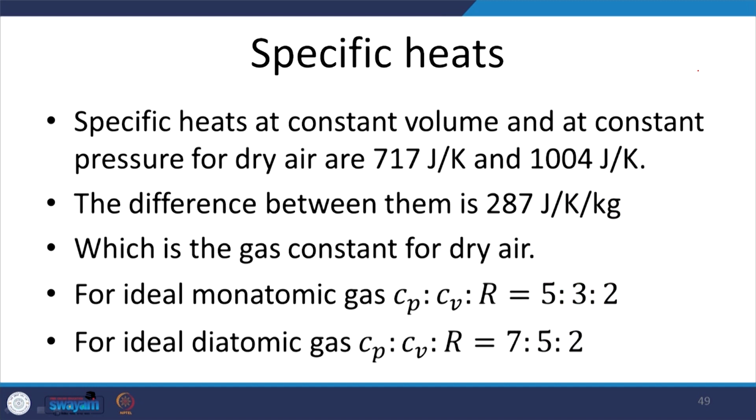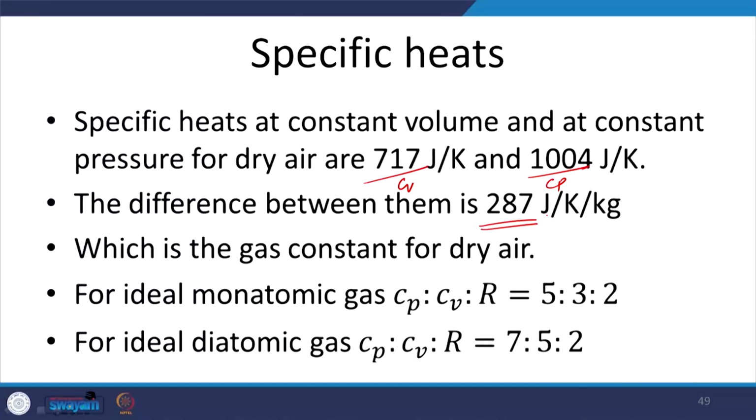So, specific heats at constant volume and at constant pressure for dry air are 717 joule per Kelvin per kg, heat energy per change in the temperature. Specific heat at constant volume, Cv, is smaller as we have seen just now, and this is Cp. Unsurprisingly, Cp minus Cv, the difference between the specific heats at constant pressure and constant volume, is 287 joule per Kelvin per kg.